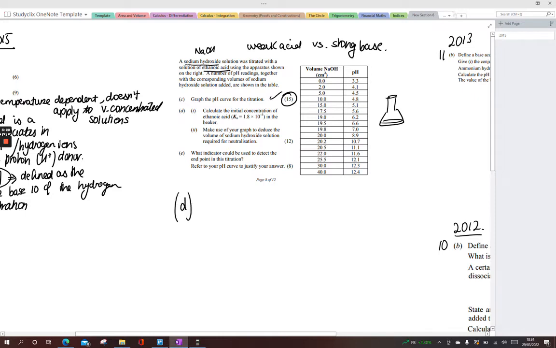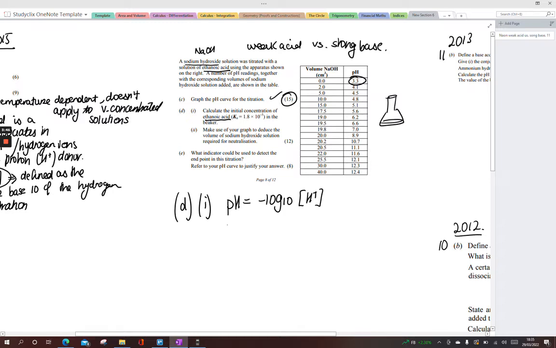Then D part 1. Calculate the initial concentration, so the starting concentration of ethanoic acid. So it has to be below a pH of 7, and we see there at the start the pH was 3.3. Now think of all the information that we have on a pH. Use the formula, minus log to the base 10 of my hydrogen ions.